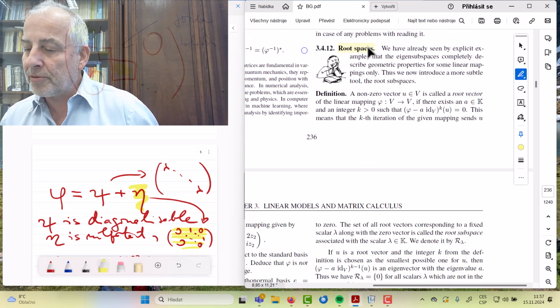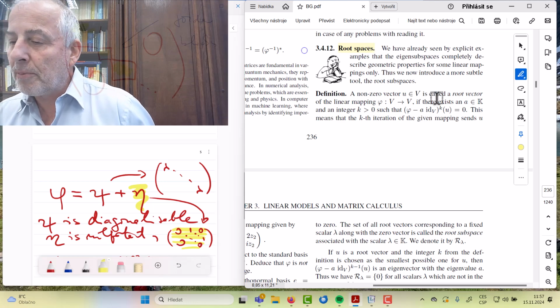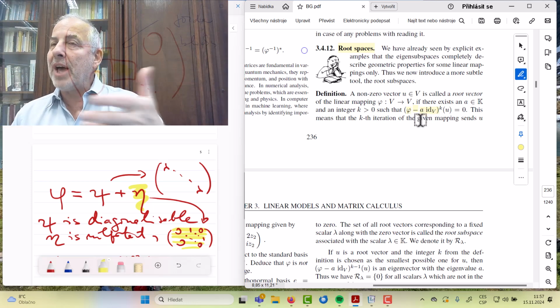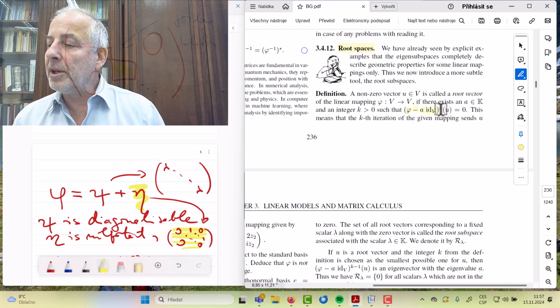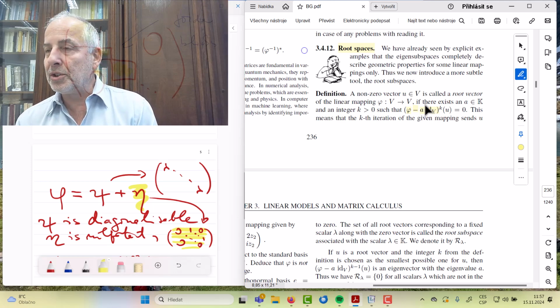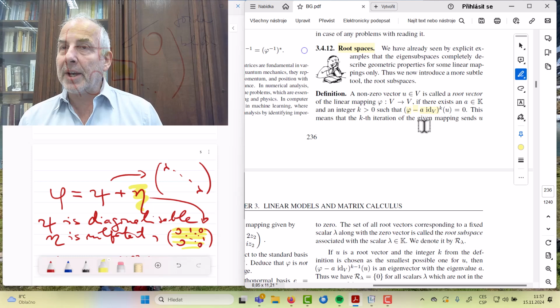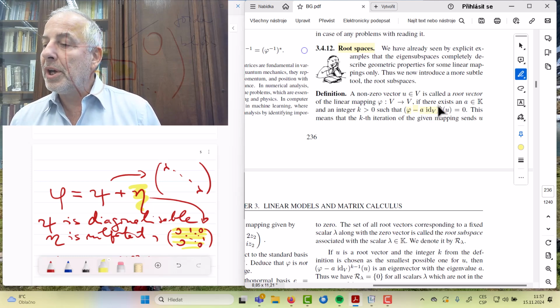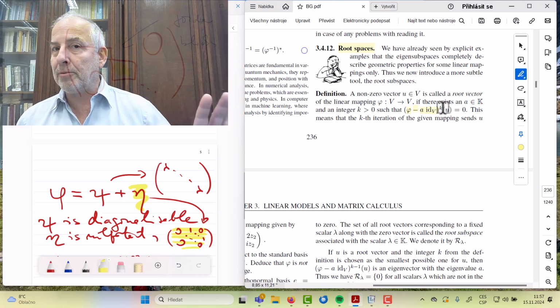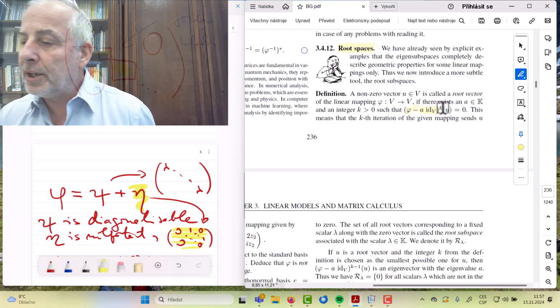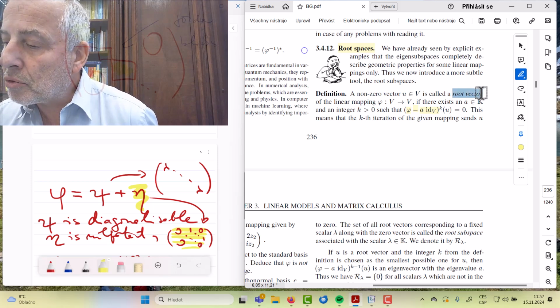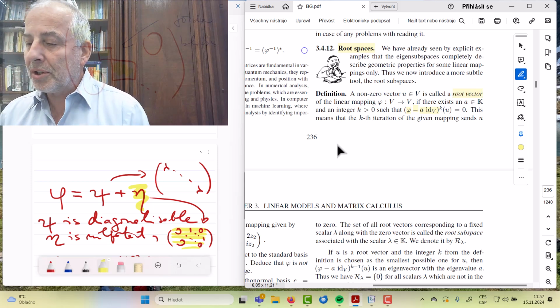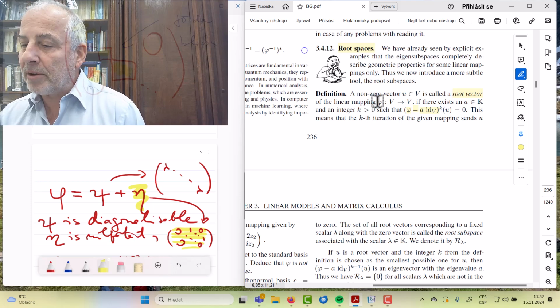So instead of wanting that the mapping would act as lambda times the identity on some subspaces, which is the definition of the eigensubspaces, we simply want that this happens in some power. We don't care which power, but in some power. And this is called a root vector and root space for the given linear mapping phi.